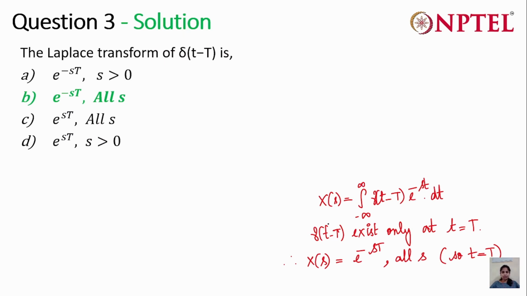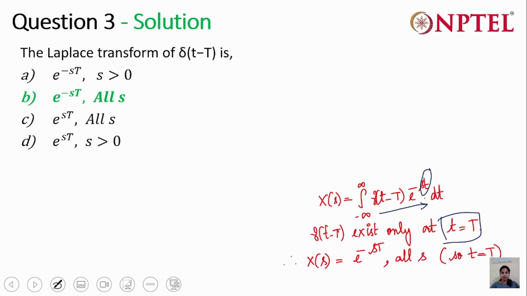For example, here if you see X of s, it is the integral from minus infinity to infinity of delta of t minus capital T e power minus st dt. So for what value of small t does this integral exist? Only when t is equal to capital T. So when t is equal to capital T, irrespective of whatever your s is, this signal is going to converge.